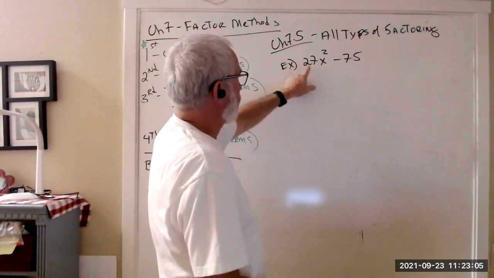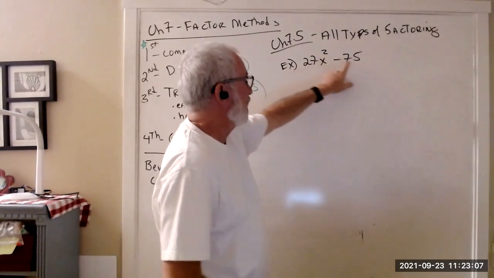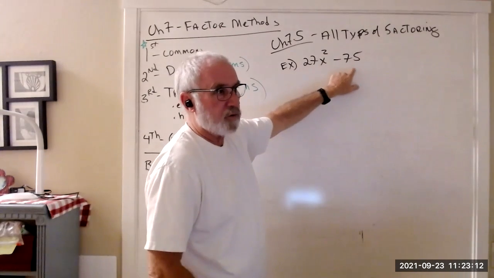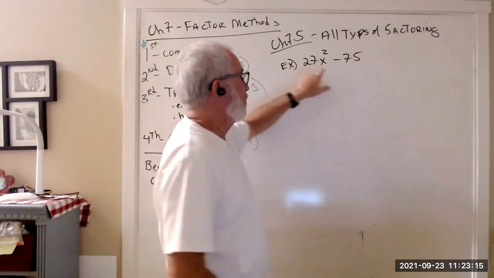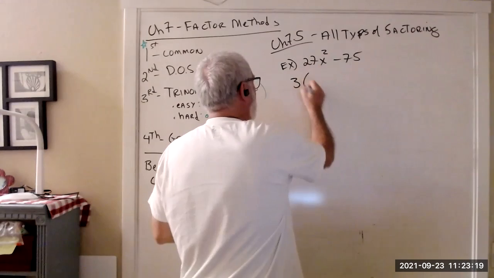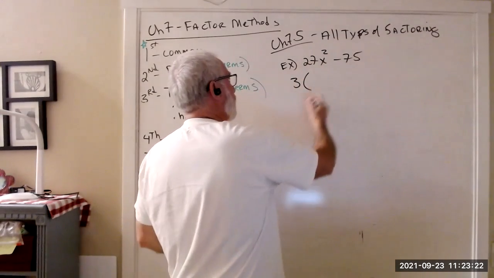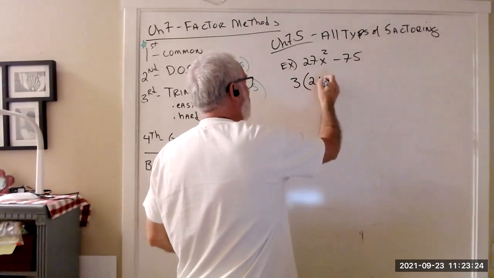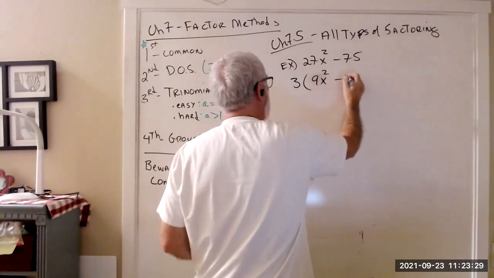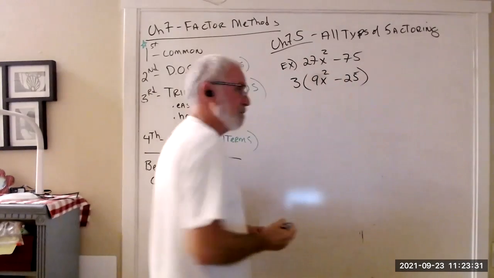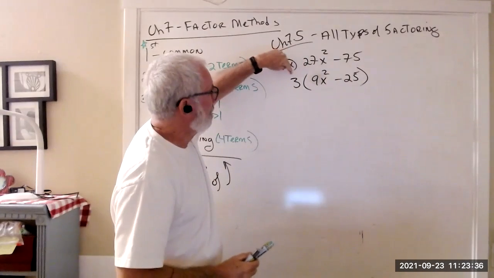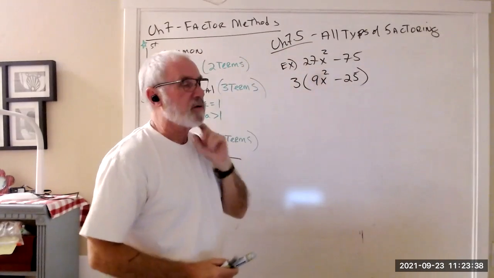I see that 3 goes into 27 and 3 goes into 75. Think quarters, 3 quarters. 3 times 25 is 75. 3 times 9 is 27. So I can factor out a 3. If I factor out a 3, I'm left with 9x squared minus 25.